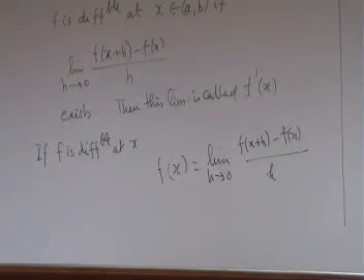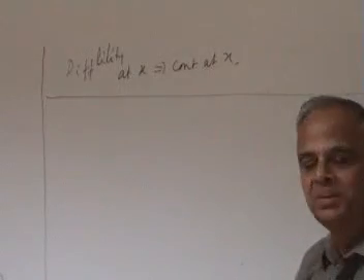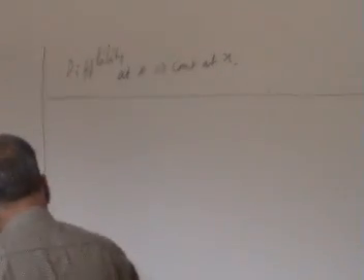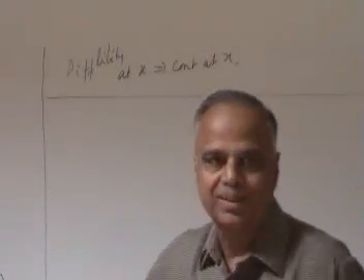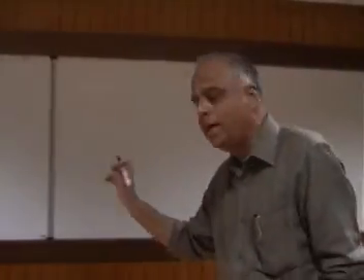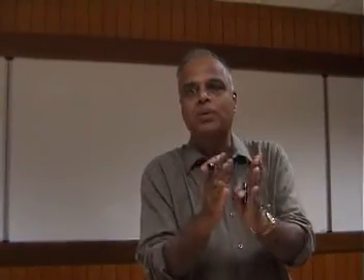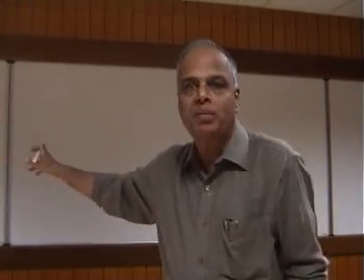Okay. Now what does this mean? Suddenly decided to digress. What does it mean to say that this limit is equal to f prime x? It says give me any epsilon positive, there is a neighborhood, a small delta, such that in that h neighborhood the difference minus f prime x is less than epsilon.